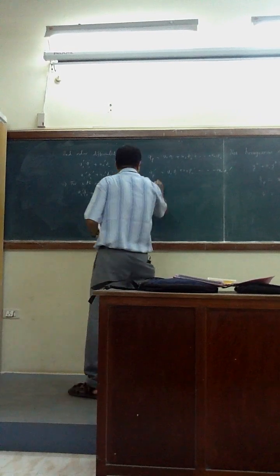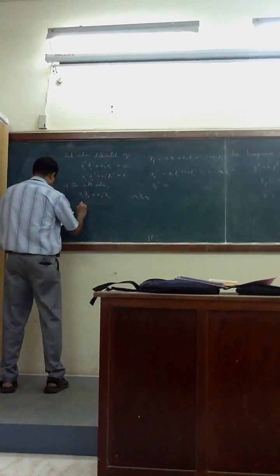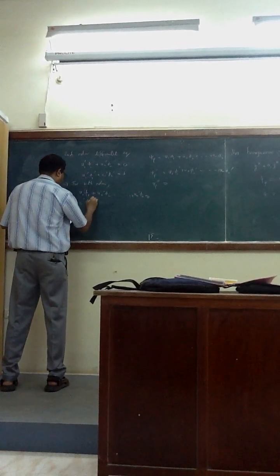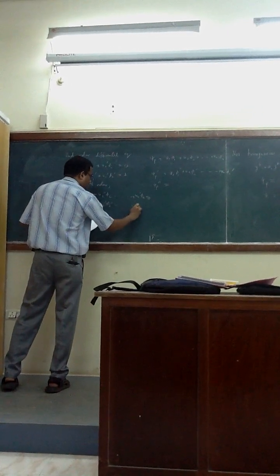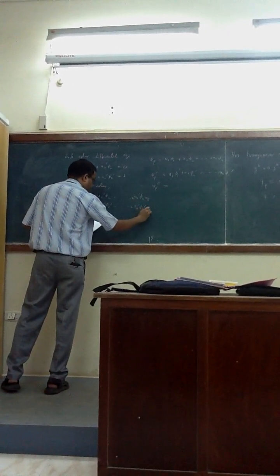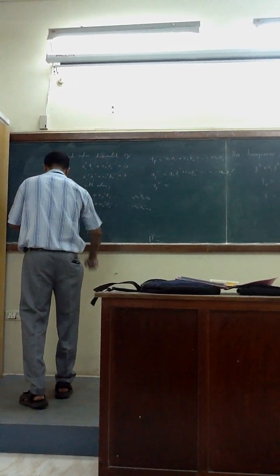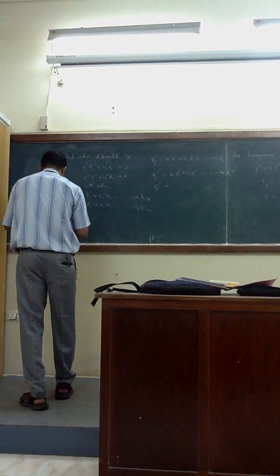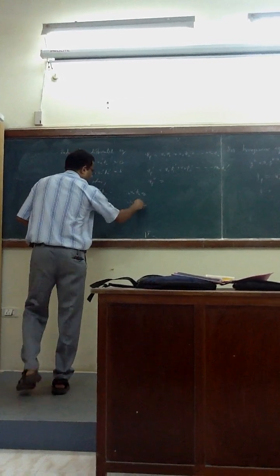Psi p double prime. Okay? So now I'll assume u1' phi 1' + u2' phi 2' + ... + un' phi n' equals 0, and then we have u1 phi 1'' + u2 phi 2'' + ... + un phi n''.